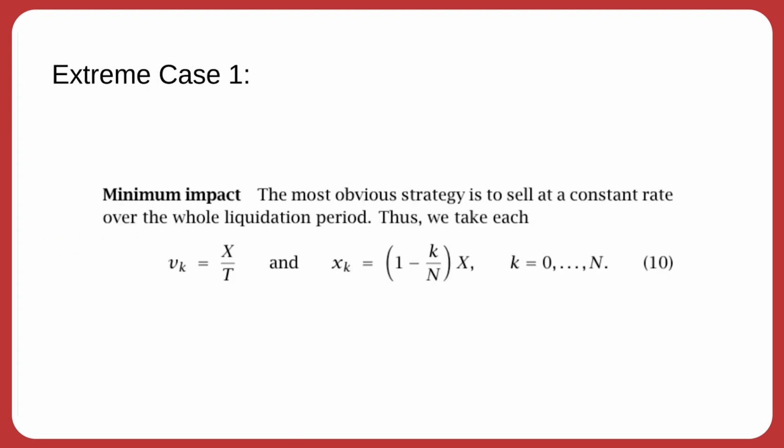So there's a few extreme cases that we can consider, and one is basically minimum impact. So let's say we have a strategy and we want to have as little market impact as we possibly can. What we do is effectively we're just submitting trades to the market at a very low volume at a constant rate. And so let's say we have to liquidate 1,000.